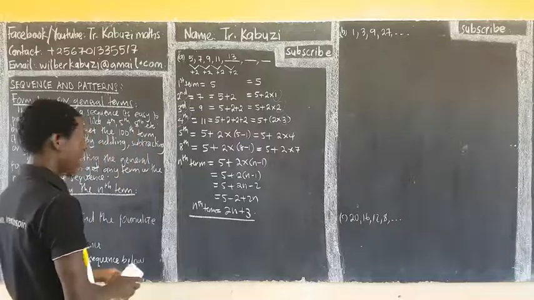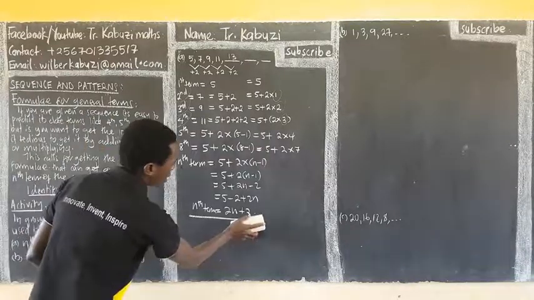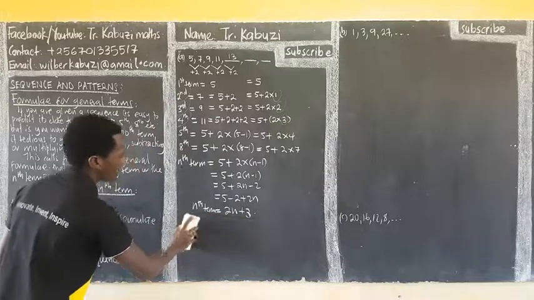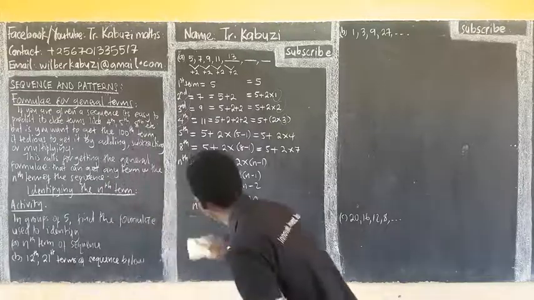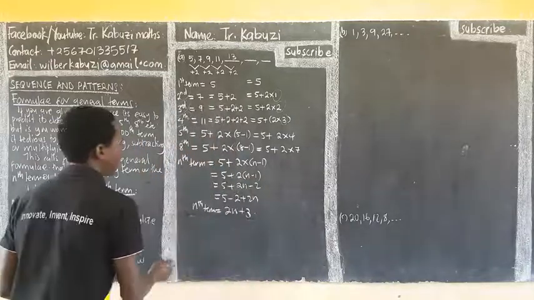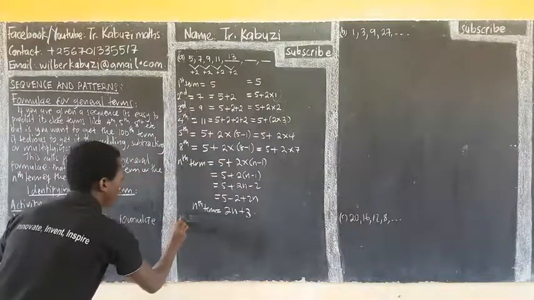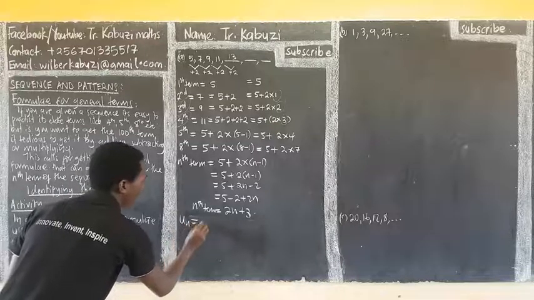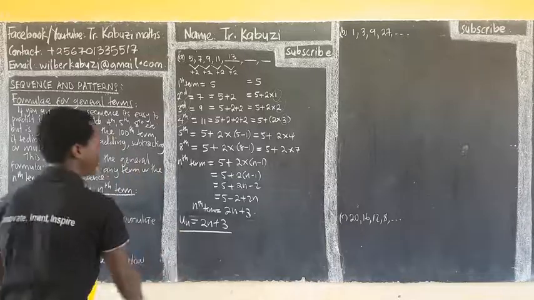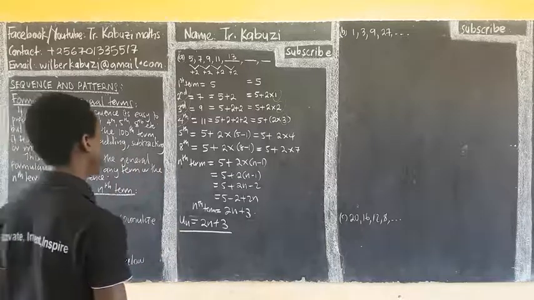We can call it u, so the nth term of the sequence, we call it un. Therefore, our nth term, un, is going to be 2n plus 3. This is the formula for getting the nth term.